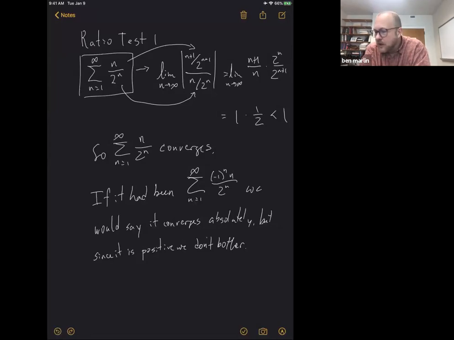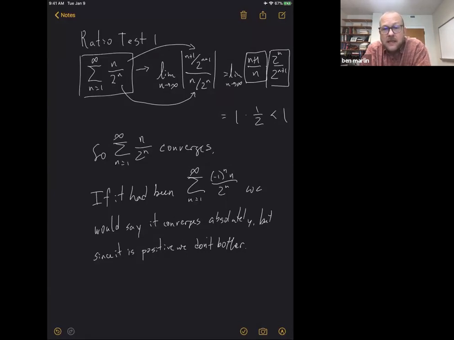So we can just drop them this time, and with simplifying, we will end up with an n over n plus 1 from the two numerators, and then a 2 to the n over 2 to the n plus 1. So in the limit, the n plus 1 over n will turn out to be 1. If we had not taken the limit yet, it wouldn't be equal to 1, okay?